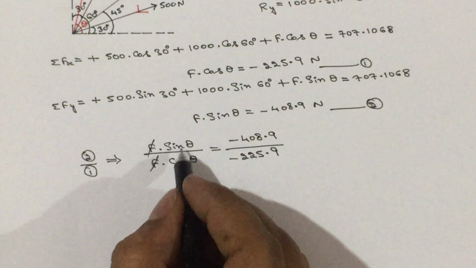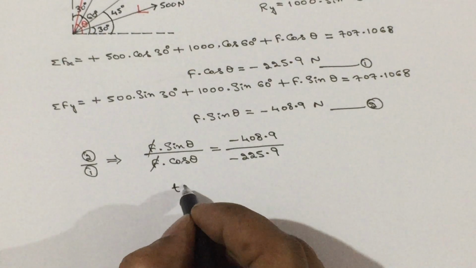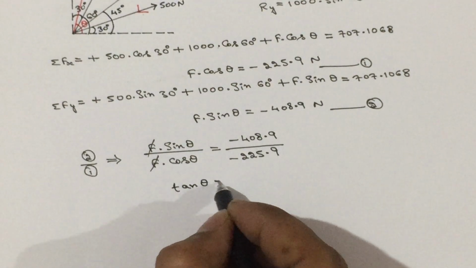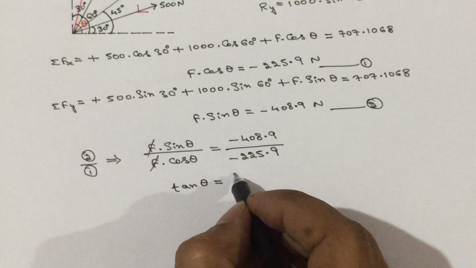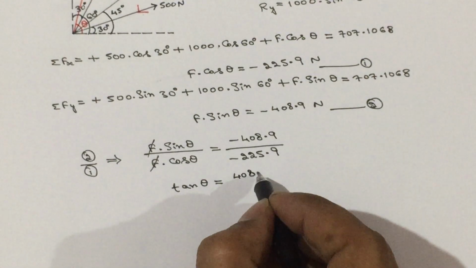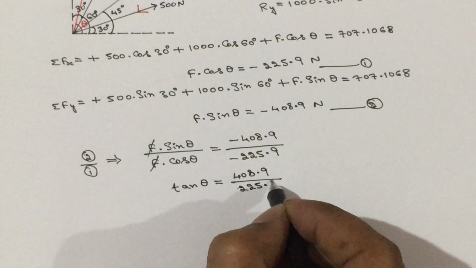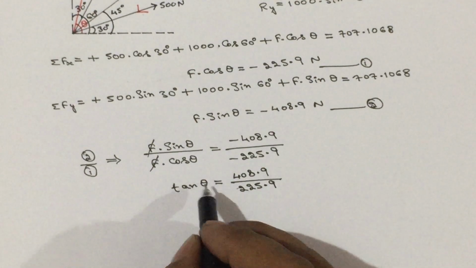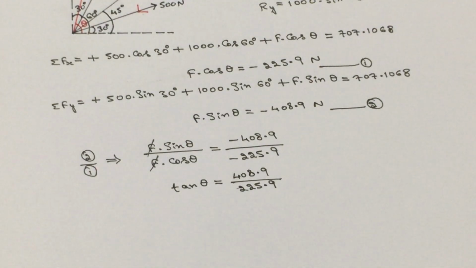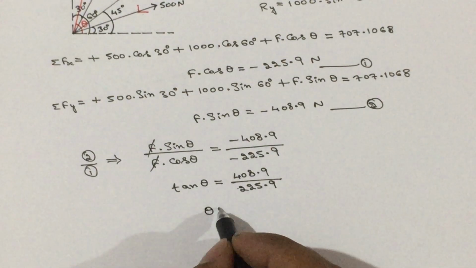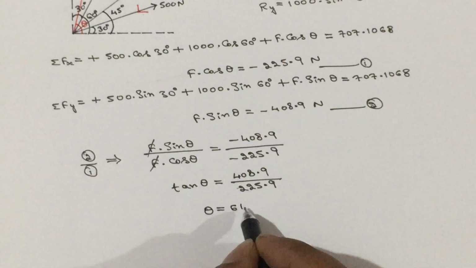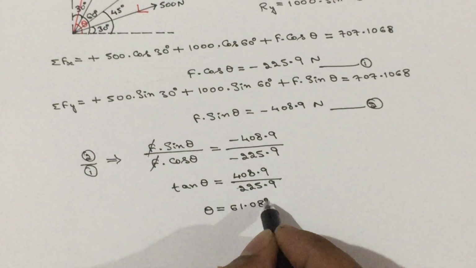So F, F get cancelled, sin theta by cos theta is tan theta. Tan theta is equal to, minus minus get cancelled, you are going to get 408.9 divided by 225.9. Therefore theta is equal to tan inverse of this value. If we calculate, you are going to get theta is equal to 61.08 degree.